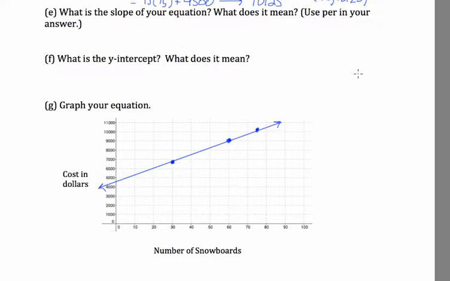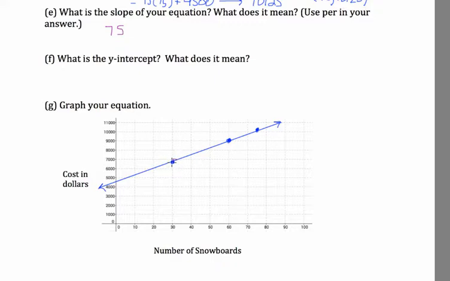What is the slope of our equation? The slope of our equation, the m number, is 75. What does that mean? That means that we're going to go up 75. 75 is a really small number on our graph, right? 75 would be just a little bit. So up 75 every time we go over 1.